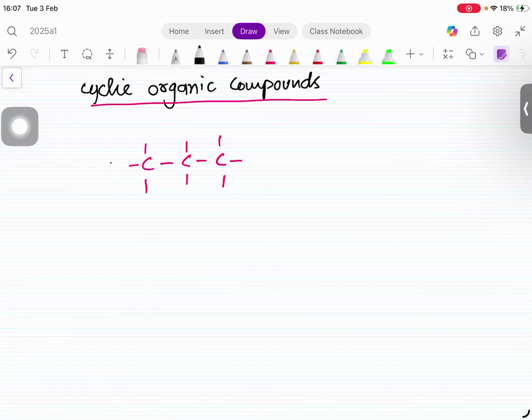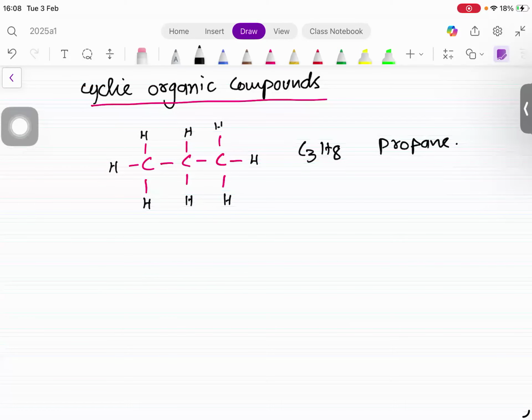Can you see what this compound is? It's an alkane. And how many carbons? So it is C3H8 and known as propane. Now, organic compounds have a special ability that whatever the length of the carbon chain is, obviously 3 or more, not less than this, their two ends are flexible enough.